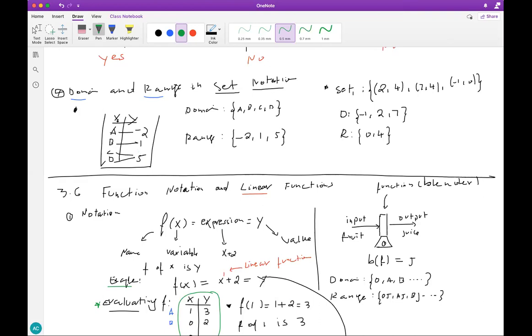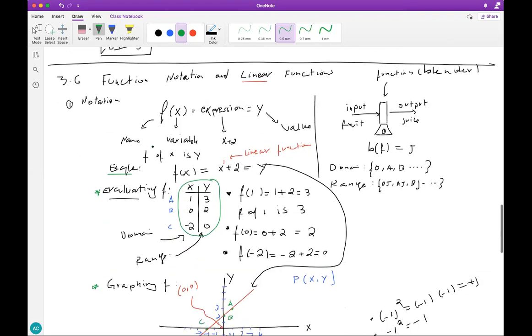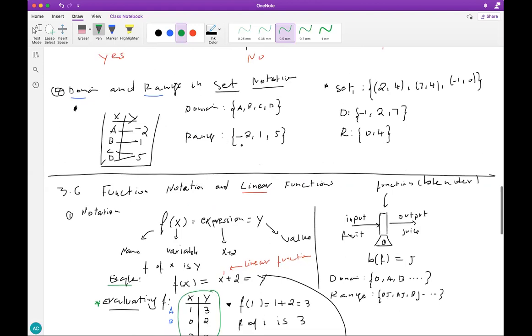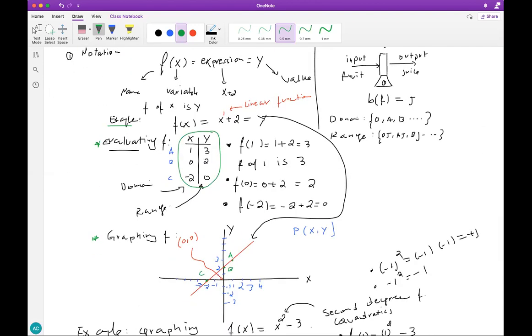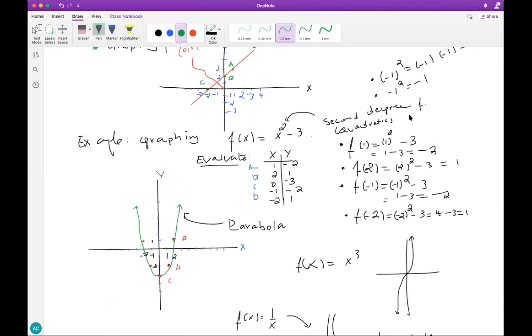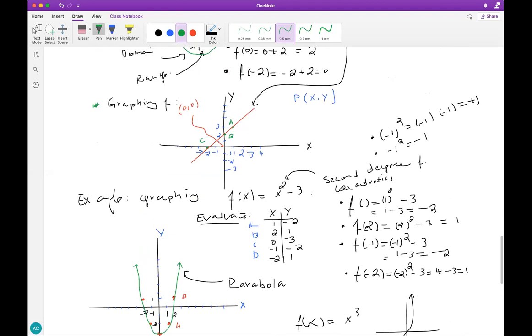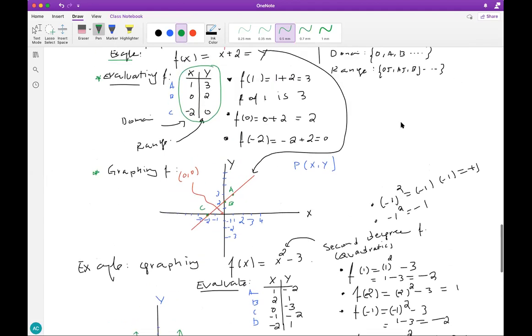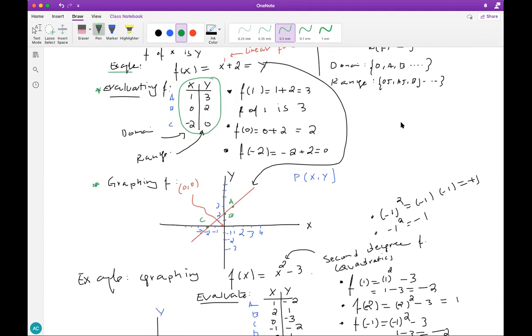We're going to talk about that in detail in our next class. That's again an extension of domain and range. So this is pretty much it for today. Rewatch the lecture, watch this video, and things will make more sense. The more you watch it, the better you understand it.